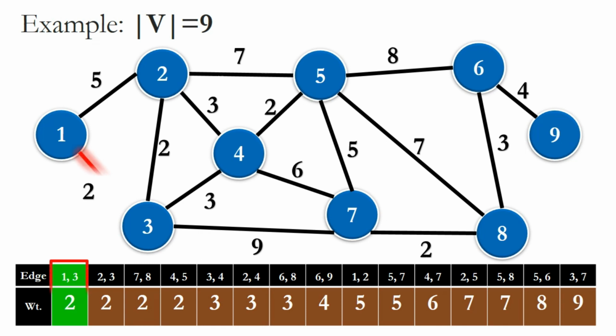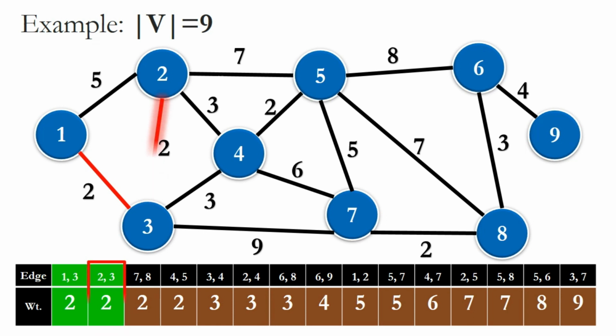Next is we're going to check if the first element forms a cycle. Okay, since this is our first element, hindi pa siya magpo-form or magka-connect sa ibang vertex, kaya hindi pa siya magpo-form ng cycle. Therefore, our first element is included in the spanning tree. Next element is the value of 2, in which we're going to check if it forms a cycle.